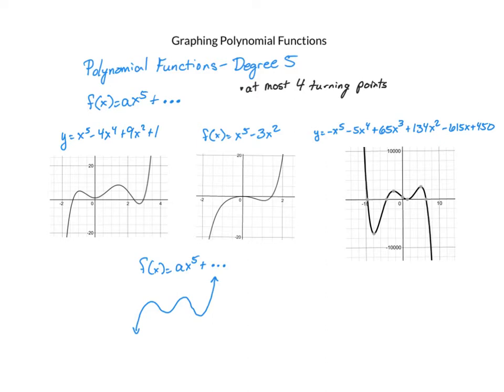And this is what we expect if a is greater than 0. If we have a fifth degree polynomial, and the leading coefficient is negative, in other words, a is negative, then we expect it to look more like the last one, generically speaking, something like this.